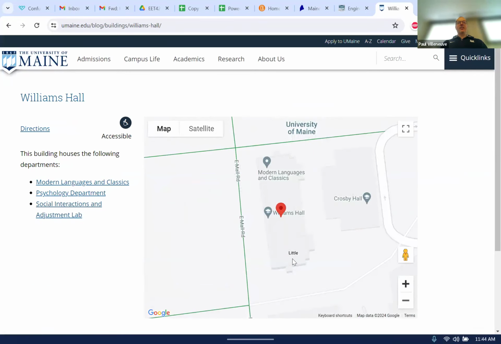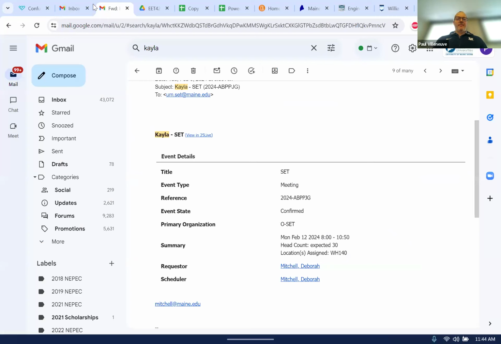It still shows Little. So Williams Hall is the old Little Hall. As you can see, Google Maps doesn't have it yet. So we'll be in Williams Hall, room 140, and I'll be there from 8 to 10:50.